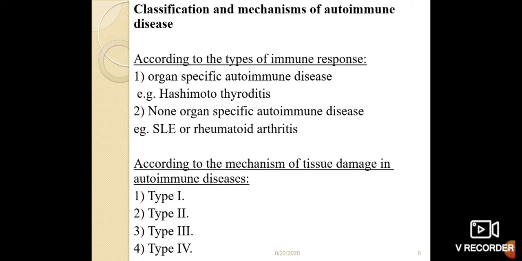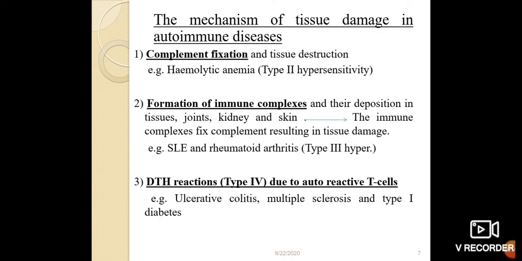We can also classify autoimmune disease according to the mechanism of tissue damage, and this resembles the same classification of hypersensitivity. So we have type 1, type 2, type 3, and type 4, and they differ in the mechanism of tissue damage.